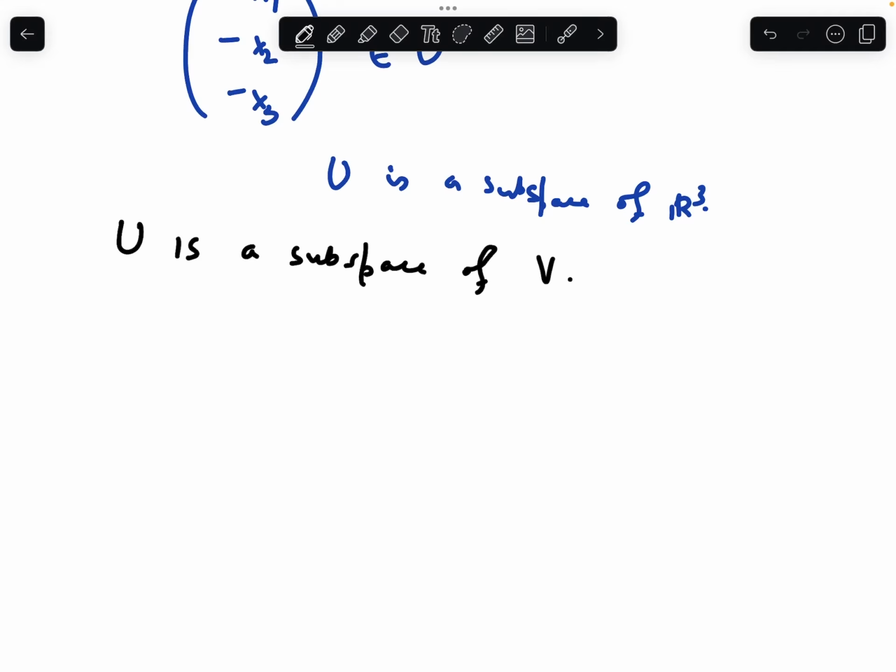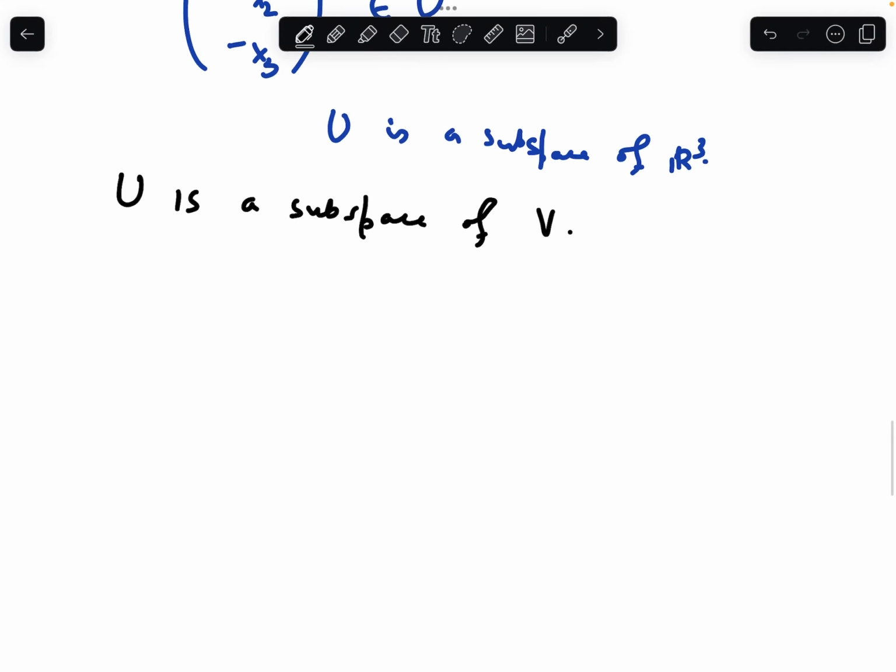How do we check that? Well, the first thing that I said earlier was to see if the binary operation on V is applicable on U or not, right? Let's simplify this statement even further.